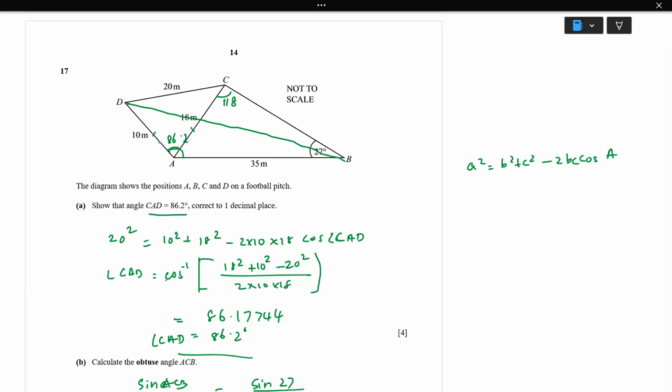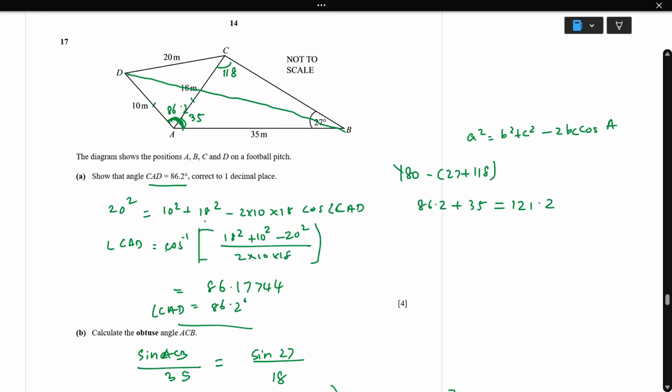So now this angle is going to be 180 minus 27 plus 118, which is 35. So this angle is 35. Now the total angle is 86.2 plus 35, which is 121.2.